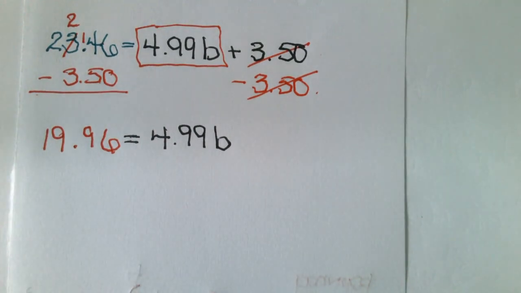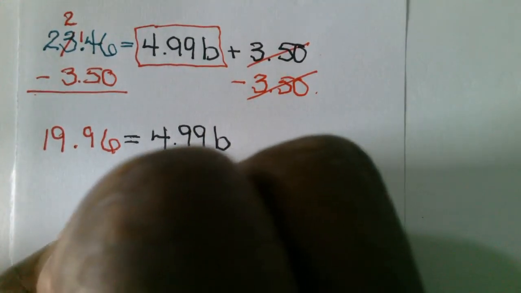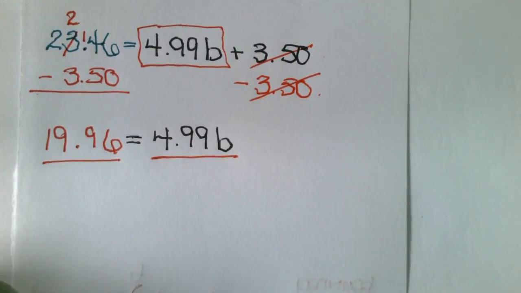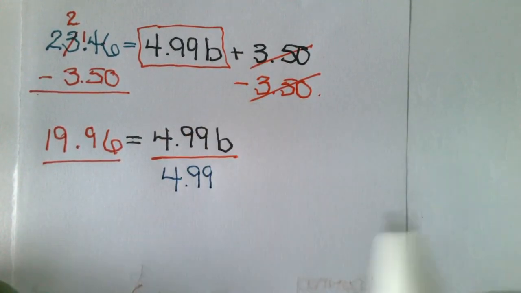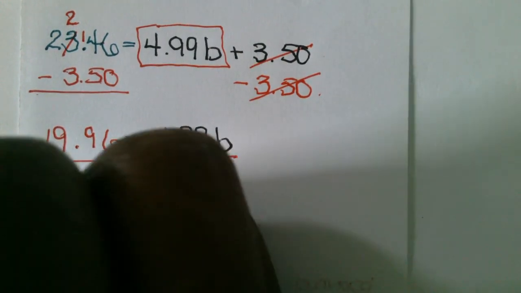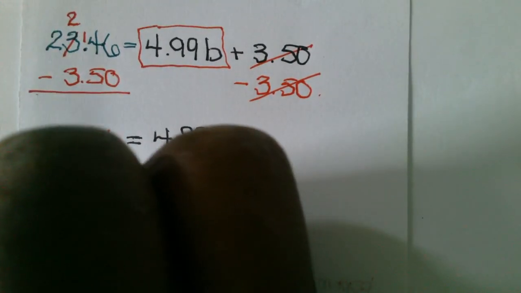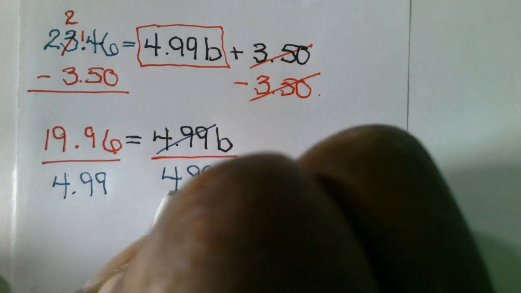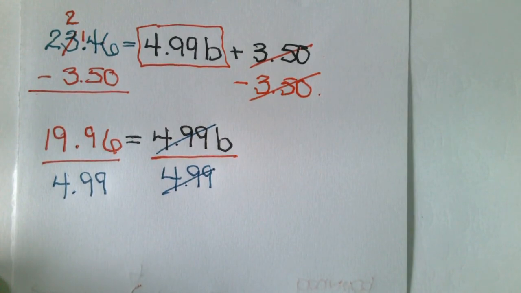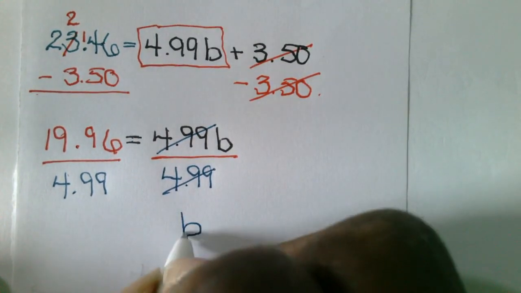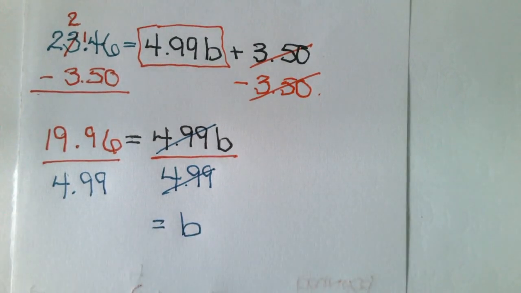All right. Now we're going to divide both sides by 4.99 because we want to get B by itself. So we have our B. Now divide by that.